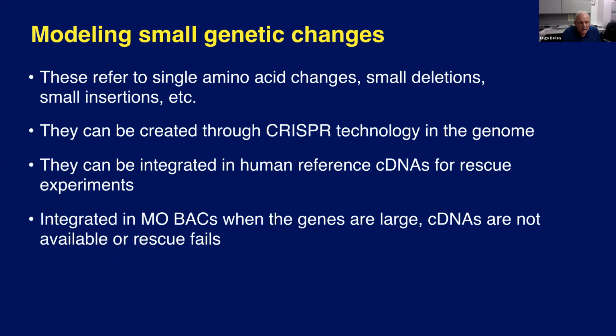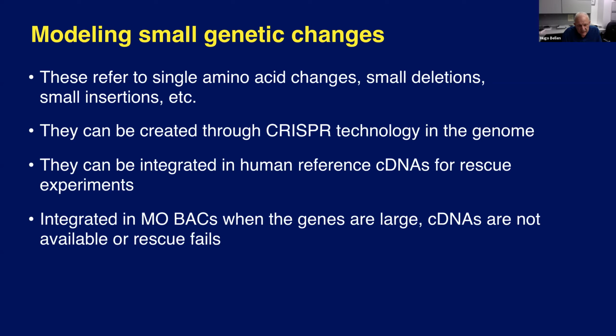All right, finally, modeling small genetic changes, which refer to single amino acid changes, small deletions, insertions, etc., are typically done using CRISPR technology, and they either are done in the genome, or if you do a humanization experiment, you want to generate these mutations in cDNAs for your rescue experiments, or if the human gene doesn't rescue, you can go to the BACs in the model organisms.